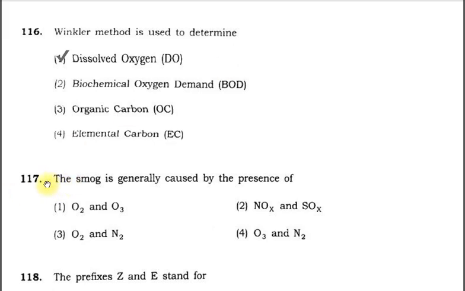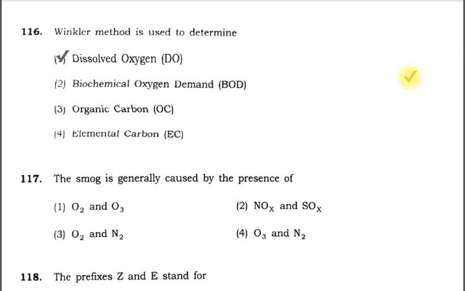Question number 117. Smog is generally caused by the presence of: number 1 oxygen and ozone, O2 and O3; number 2 NO2 and SO2; number 3 O2 and N2; number 4 O3 and N2.